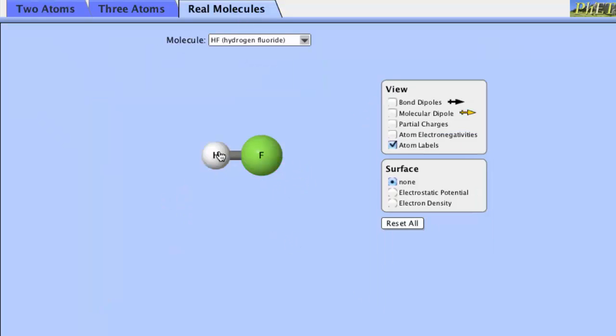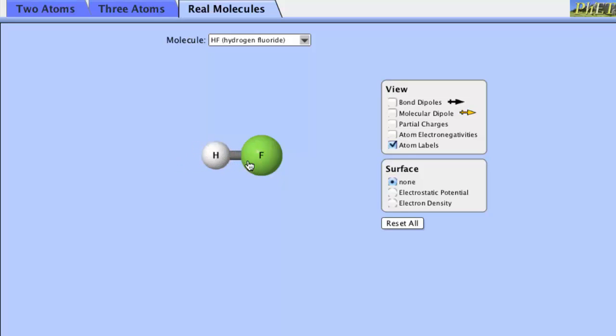Let's look at some real molecules now, in the case of hydrogen fluoride. Now, hydrogen fluoride is a gas, and we have one H atom being bonded to one F atom. Now, the fluorine atom is more electronegative than the hydrogen atom.